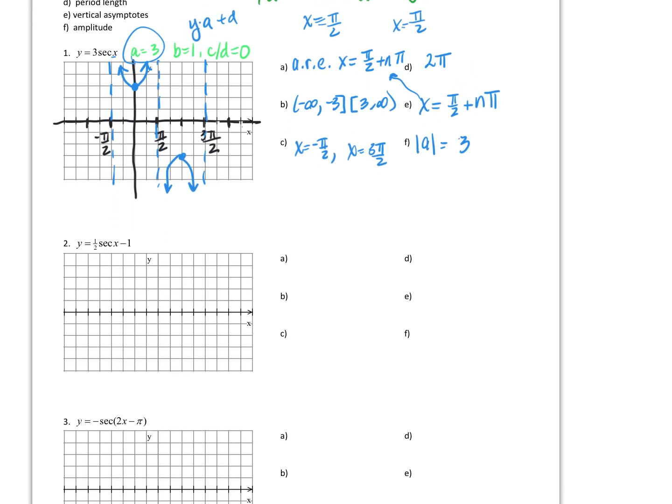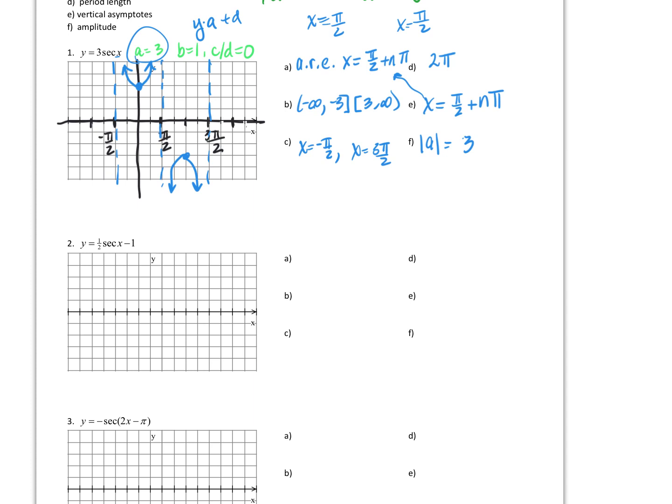Okay, let's try the next one. This one has an a value of 1/2, and b is 1, c is 0, but d is negative 1, isn't it? Okay, so that's going to affect our y values. Both of those are going to affect our y values. What's not changing is our asymptotes. Since b and c are non-consequential, they're not going to change anything.